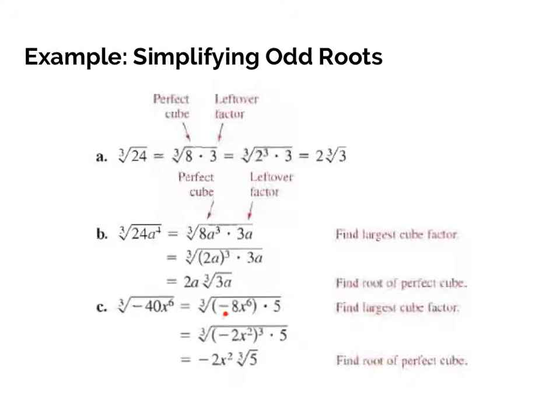So we'll make our perfect cube negative 8x to the 6th, and our leftover factor is 5. So the cubed root of negative 2x squared, quantity cubed, times 5. So we can bring out the negative 2x squared and have that multiplied by the cubed root of 5.